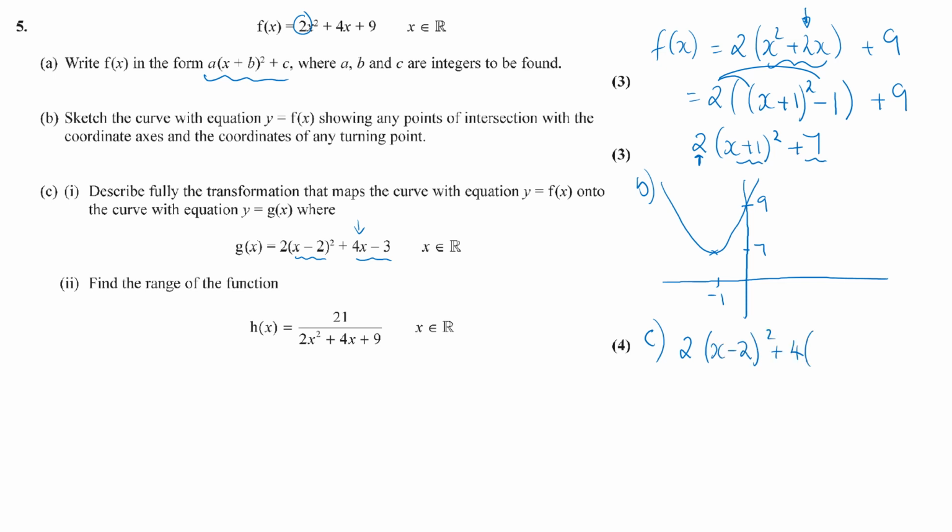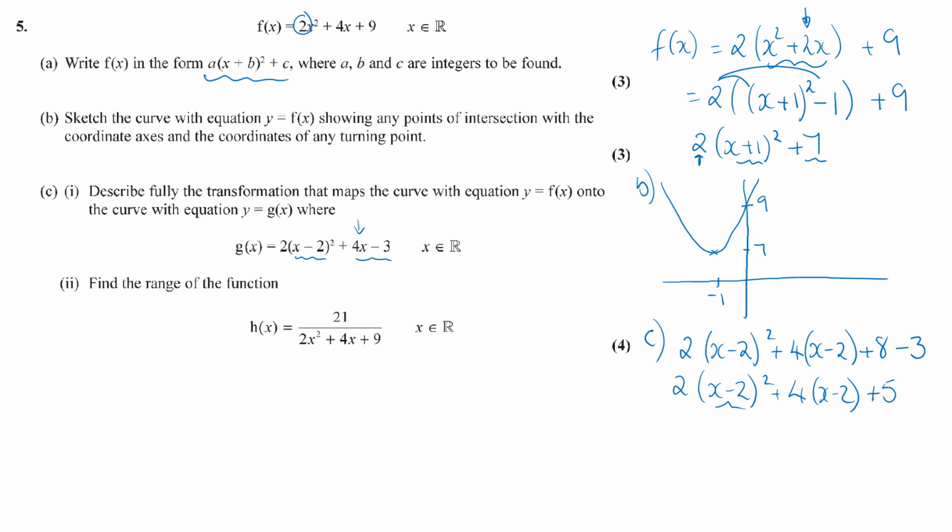Now we need to make the same transformation, which would be x minus 2, and that would make the whole graph shift 2 to the right, but that's also going to give us a -8, so we need to +8, and then we'll need to take off our 3. So this will be 2(x - 2) all squared plus 4 times (x - 2), and then we've got +8 minus 3, which would be +5.